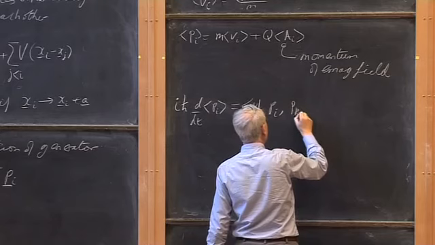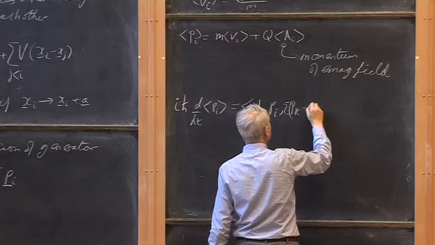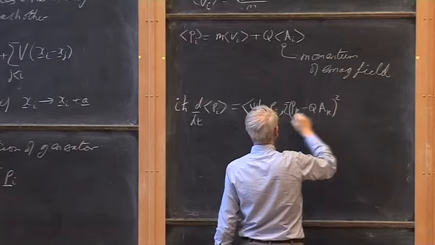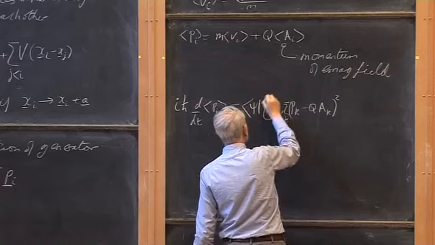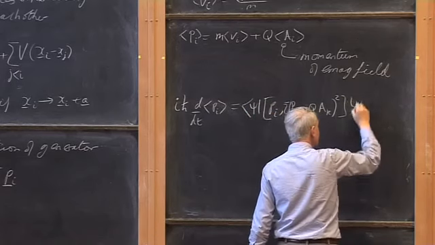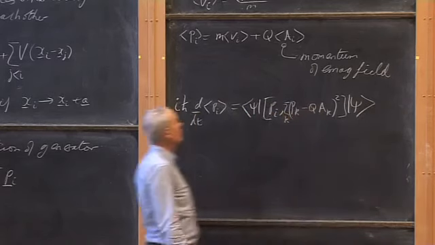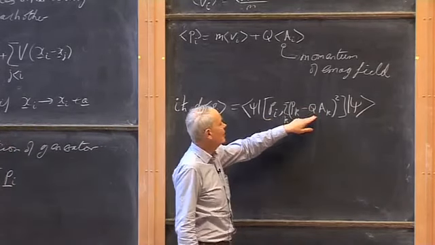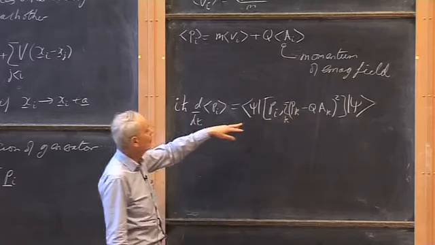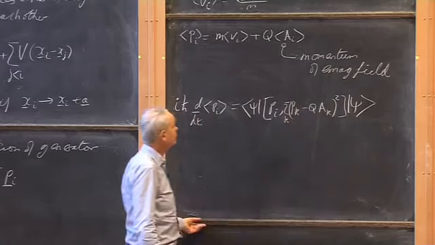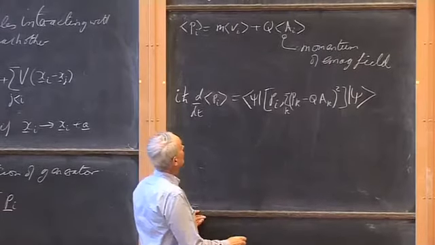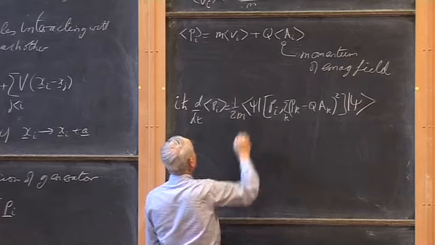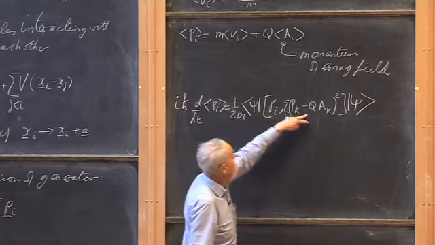It's the sum over k of (pk minus q ak) squared, all over 2m. So this is the commutator of the momentum with the Hamiltonian, where I've now written out the Hamiltonian in reasonably gory detail. I'm missing a 1 over 2m, am I not? So 1 over 2m times this is the Hamiltonian.